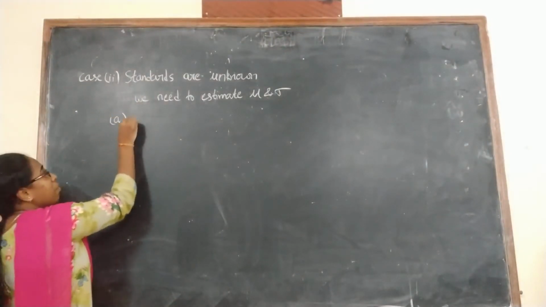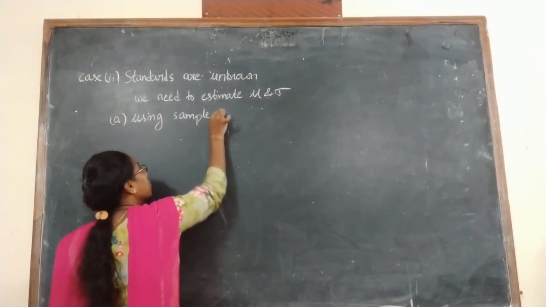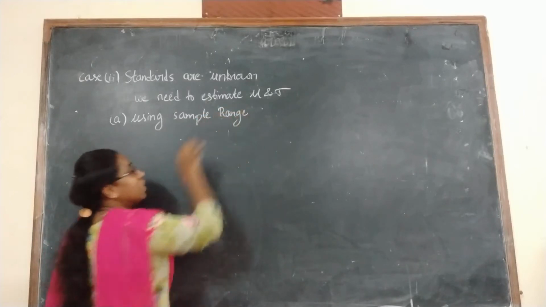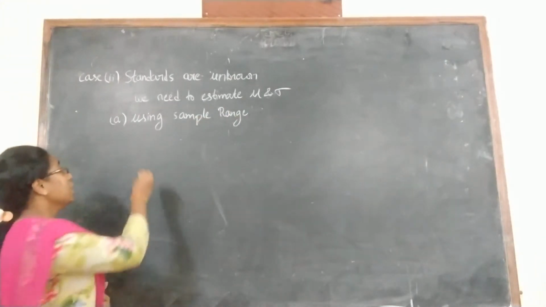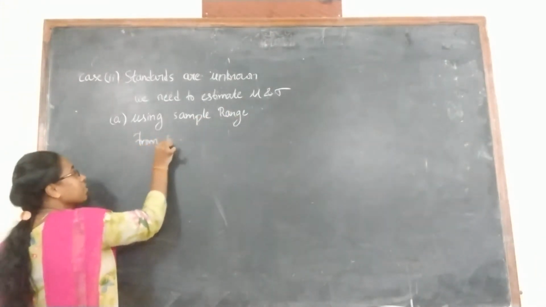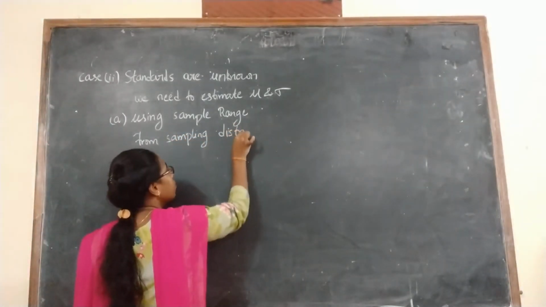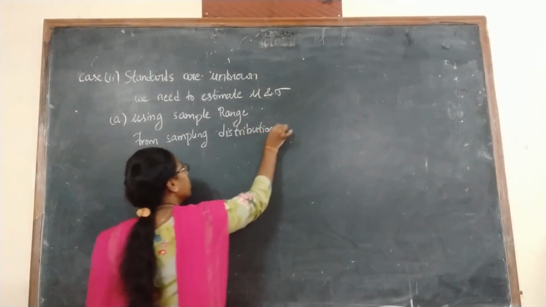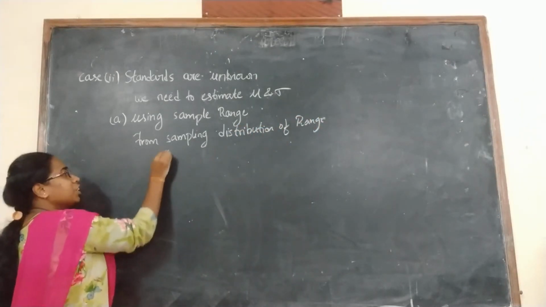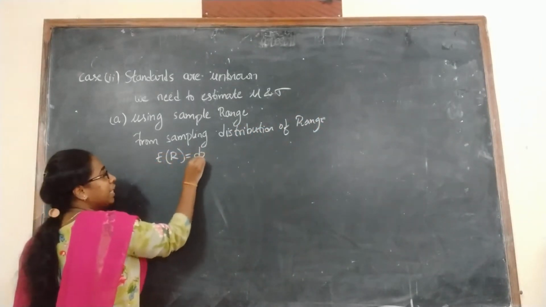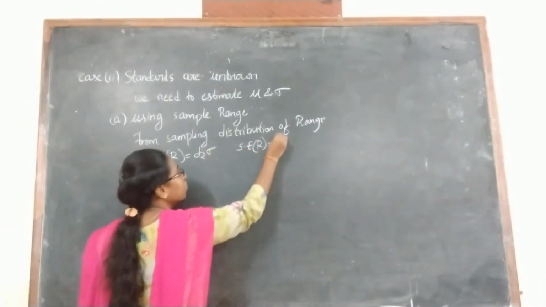The first one is by using the sample range. So we'll see the first case, where sigma is estimated by using the sample range. From the sampling distributions of range we have expectation of range equals d2 sigma.